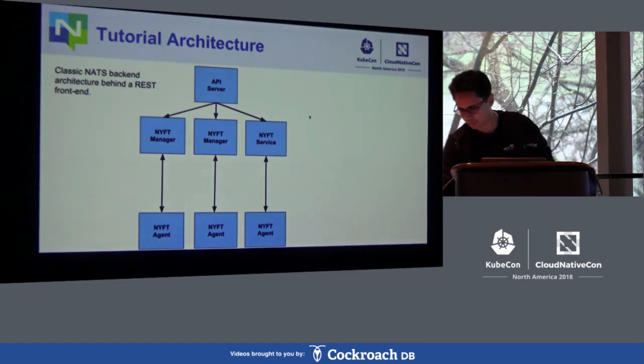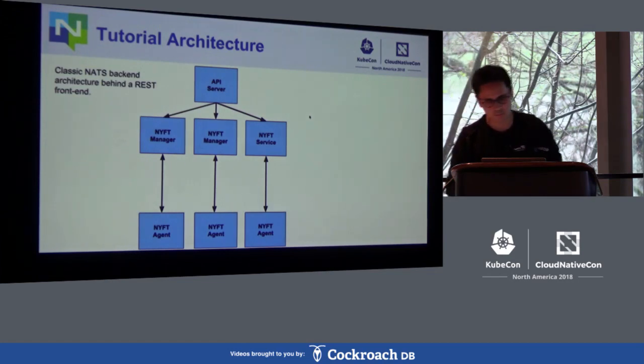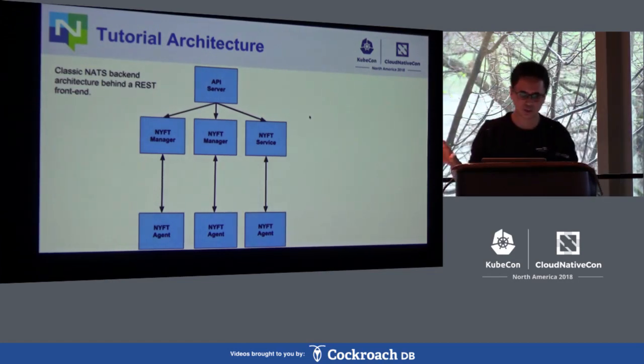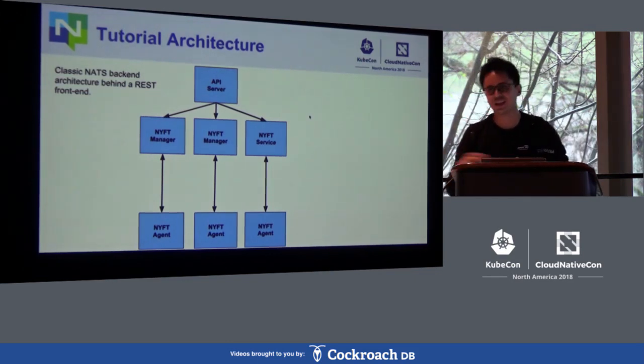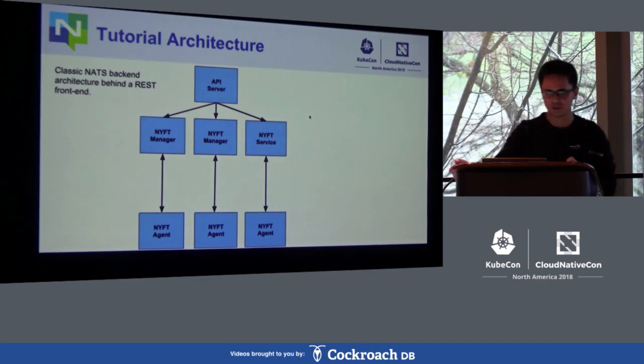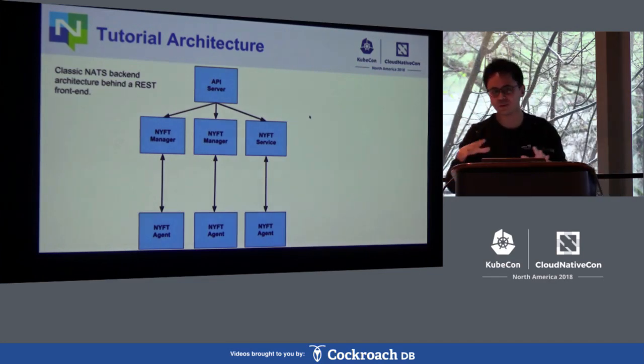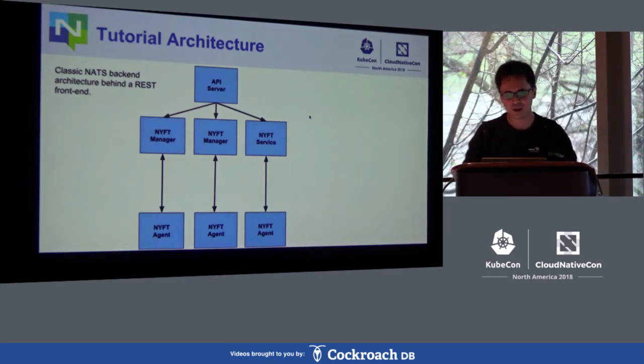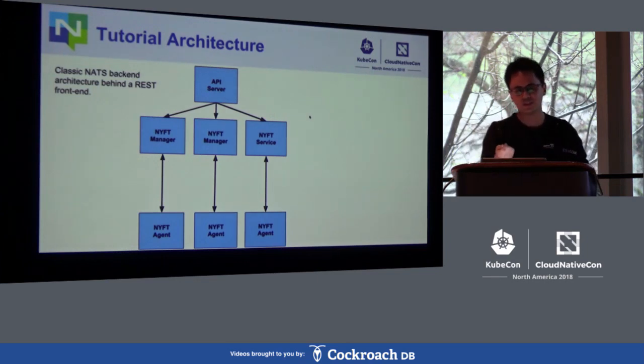So we have a layer of nodes that are going to be called the NIFT service, and that is basically the point where you start using PubSub to make requests to find an available driver. So in the example application that I have shared in the repo, you can send a request to find a driver that is going to pick you up, right?